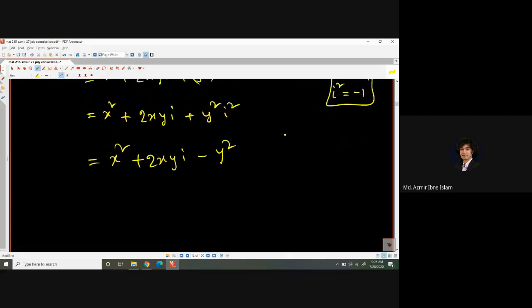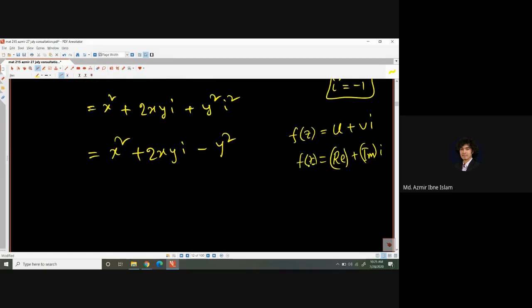Now, every complex valued function can be written as u plus vi, or more generally we can say there will be a real part and there will be an imaginary part with i. So let's try to collect the real part, the parts where we have i-free terms.